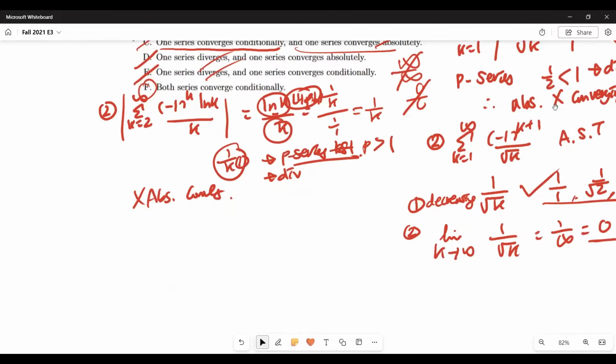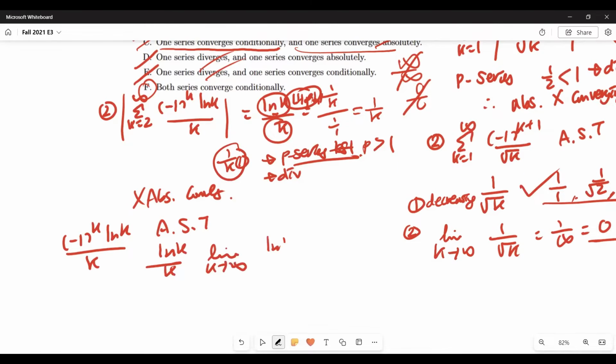Okay, so it's going to be (-1)^k ln k over k, and we want to check whether it's conditionally converging or not. So take the alternating series test. This is going to be ln k over k, and the limit as k goes to infinity of ln k over k goes to infinity over infinity, so take the L'Hopital. By L'Hopital's rule, this is going to be 1 over k.